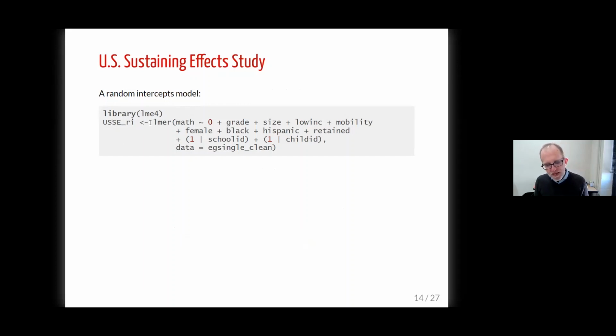So here I'm again using the data from the sustaining effects study. I fit the same model specification, but now I'm including random intercepts for each school and random intercepts for each child. This is not a carefully constructed model. I just threw in the random intercepts to acknowledge that there's structure here.